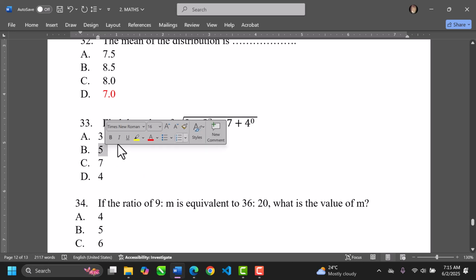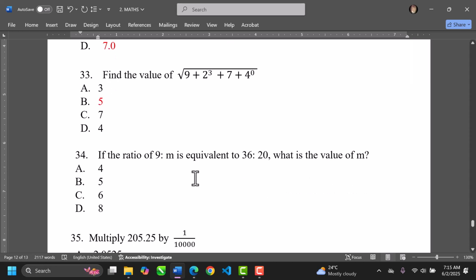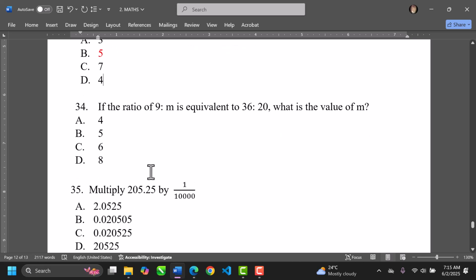It equates to this. It equals that. So you can check that. I hope you are taking note of the answers. Don't worry, I'm going to leave the answers in the description below so you can check them out. But what I want you to take note of is to look at the question. Okay, 34, the answer is B.